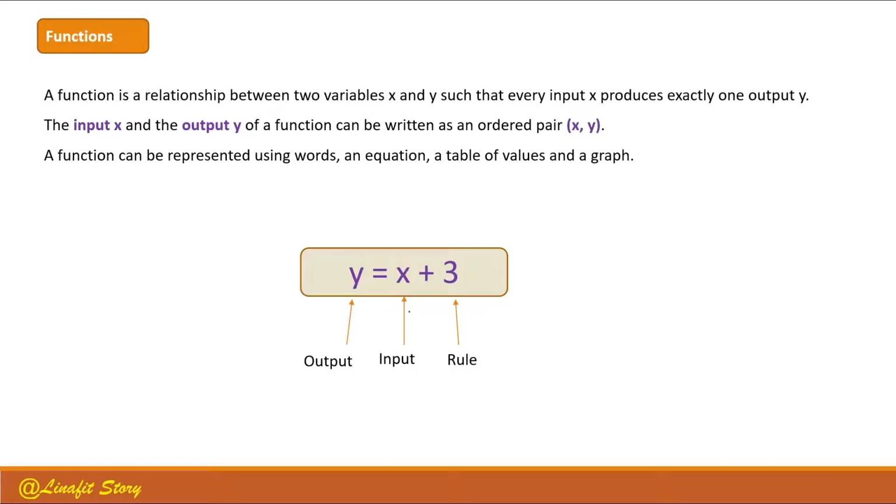The input x and the output y of a function can be written as an ordered pair (x, y). A function can be represented using words, an equation, a table of values, and a graph. So over here, y is equal to x plus 3. Y is the output, x is the input, and 3 is the rule.